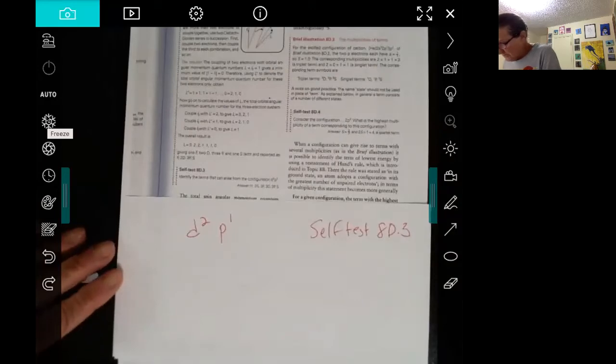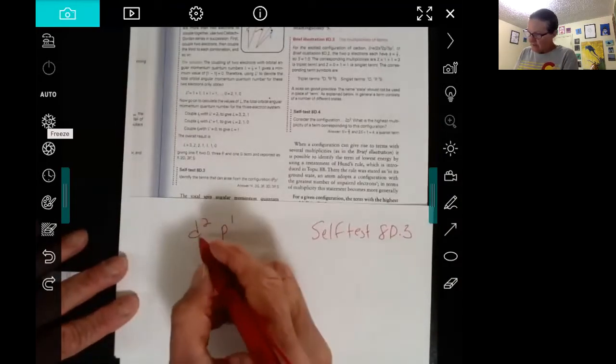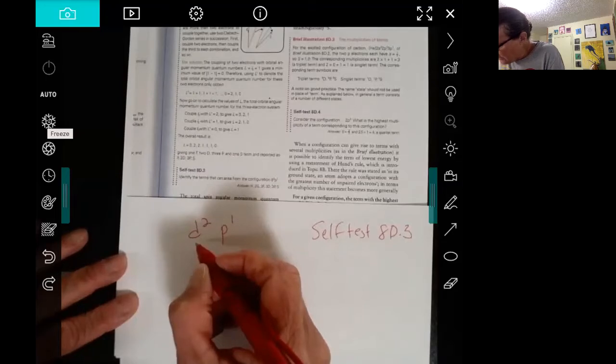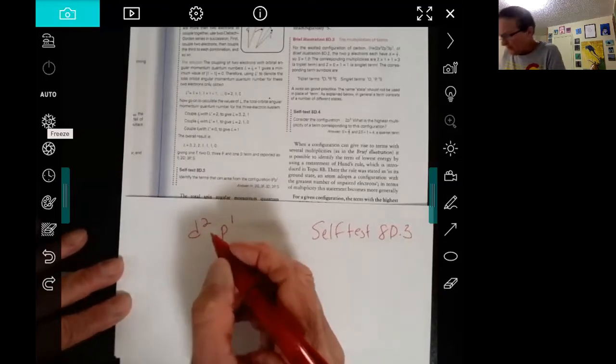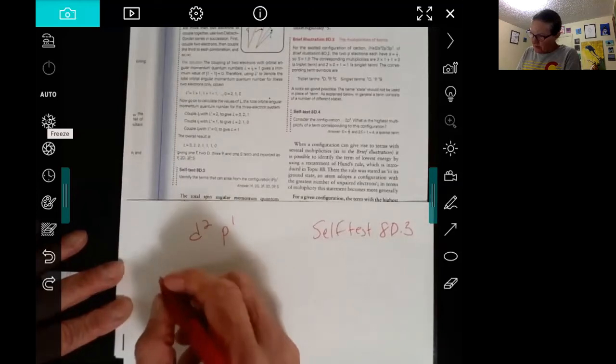So the way that you do this problem is that you couple 2 of them together, and then you couple the third one to your 2 coupled ones. So we'd start out by coupling these 2. It's not going to matter which ones we couple first. We'll couple the 2 d's first.